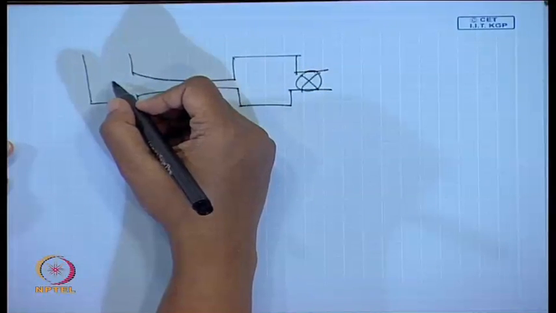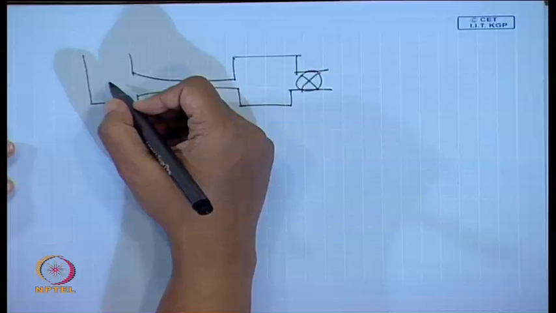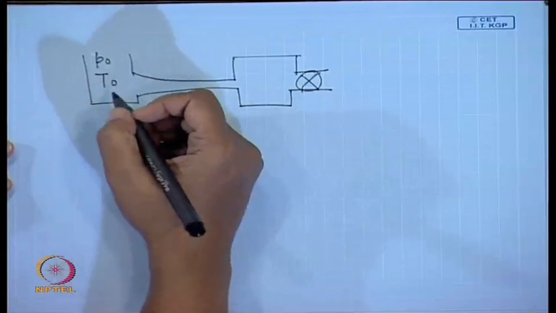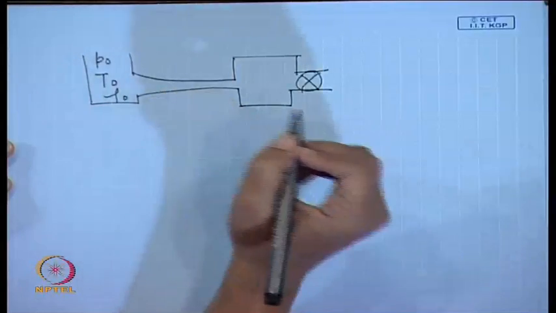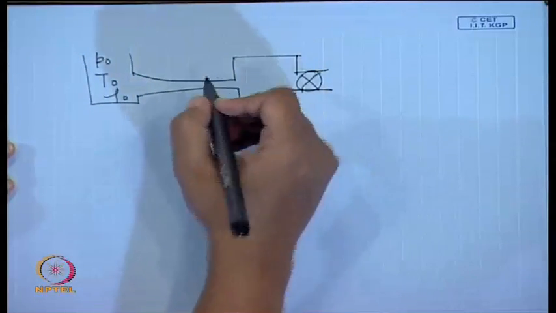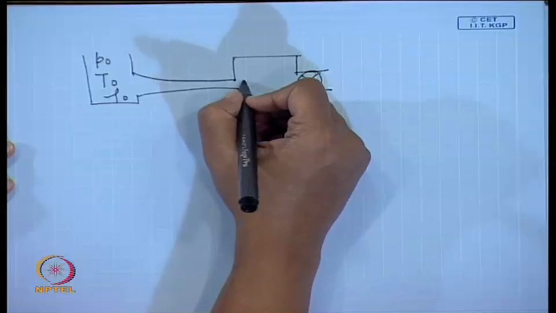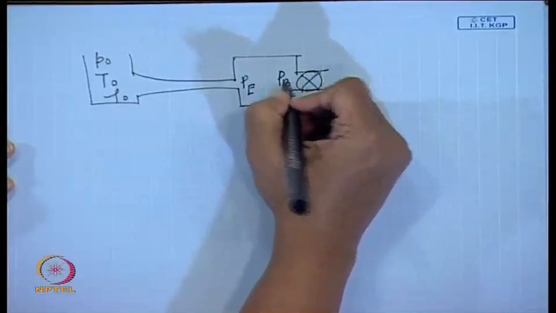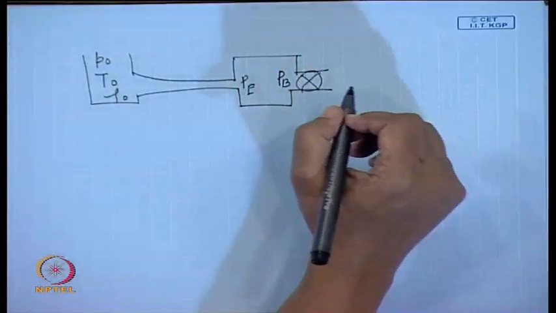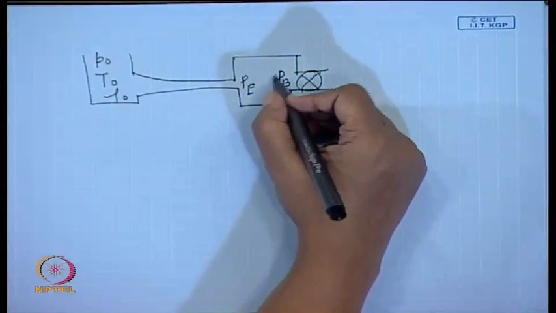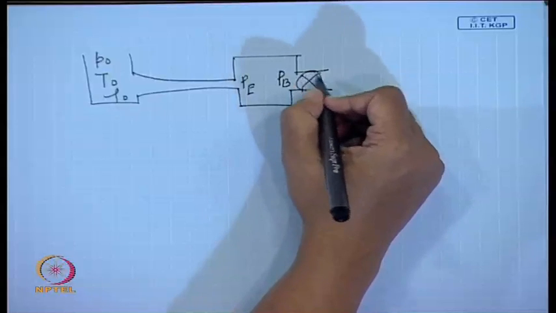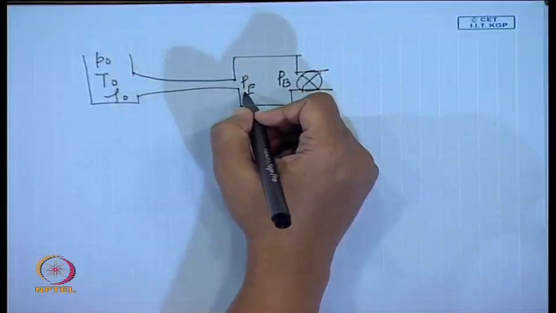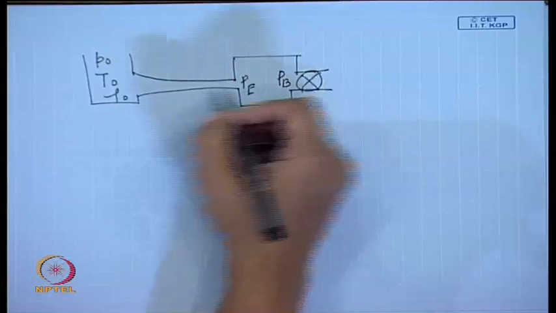Conditions at the tank are the stagnation conditions, right. So here the properties are P0, T0, rho 0, etc. Okay. Here just at the exit of the nozzle, P exit or PE, and in this particular tank we have a back pressure which is PB. This back pressure is regulated by means of opening or closing this particular valve. Okay. So PE is the pressure at the exit plane of the nozzle.